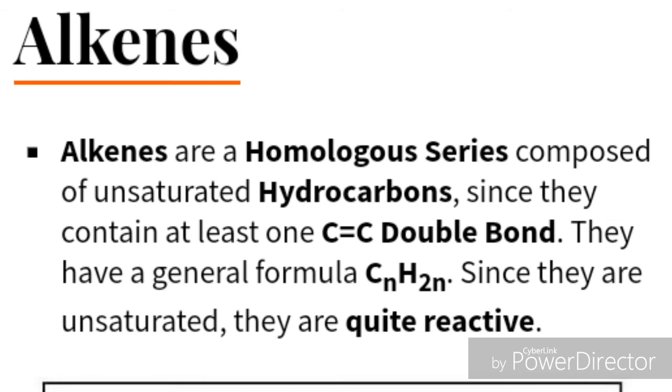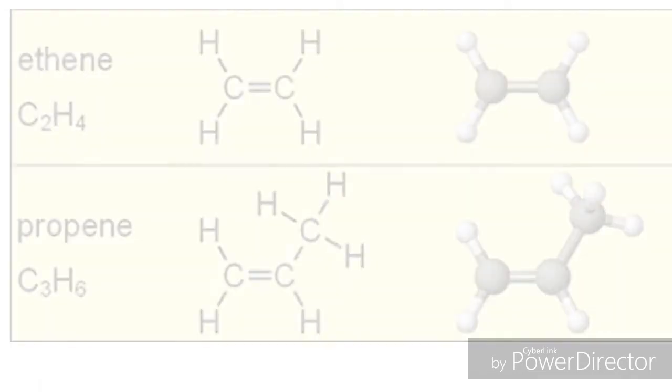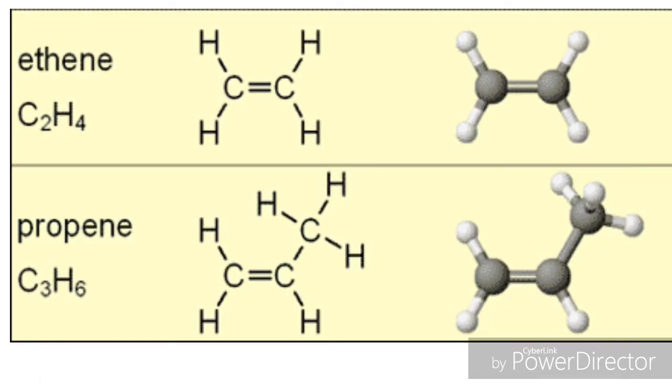Students, already you have learned that in covalent bonding, when a double bond is there, the first bond is sigma bond and the second bond is pi bond. Here you can see the structural representation of alkenes: ethene C2H4, propene C3H6.